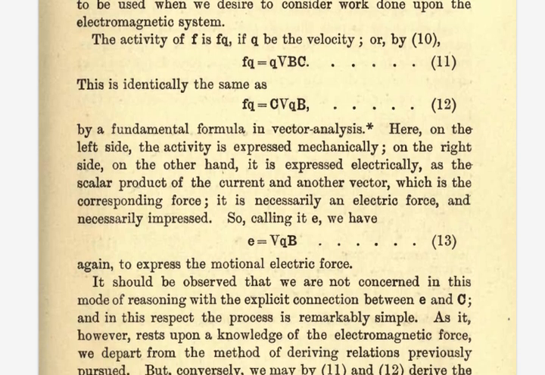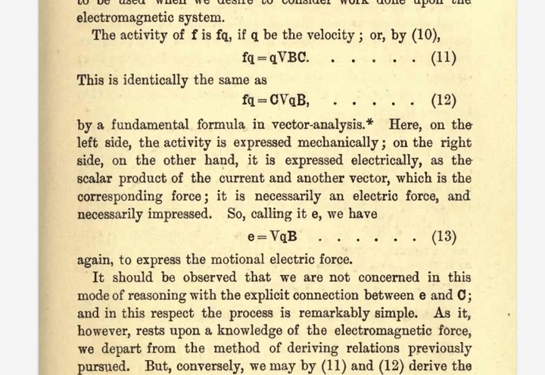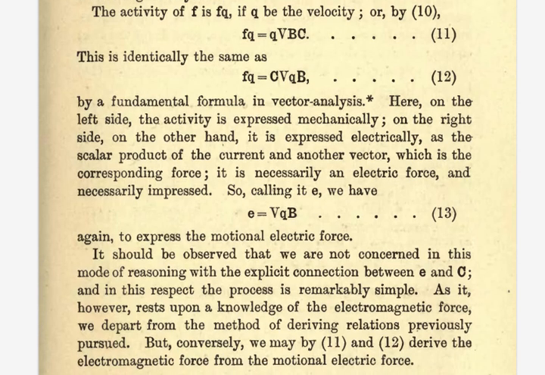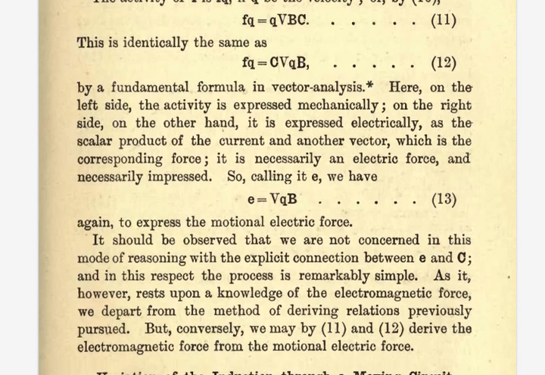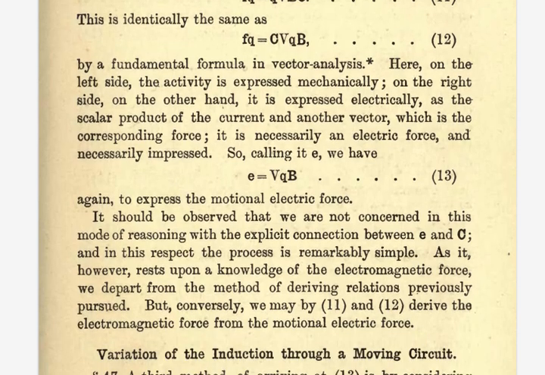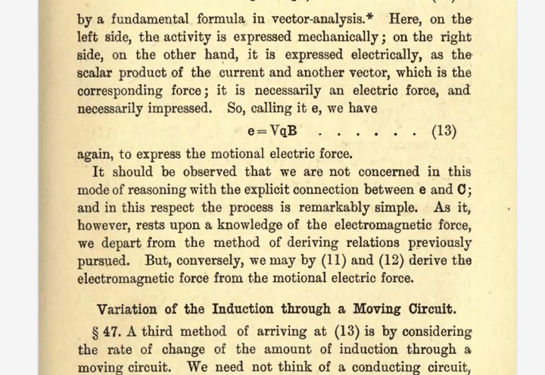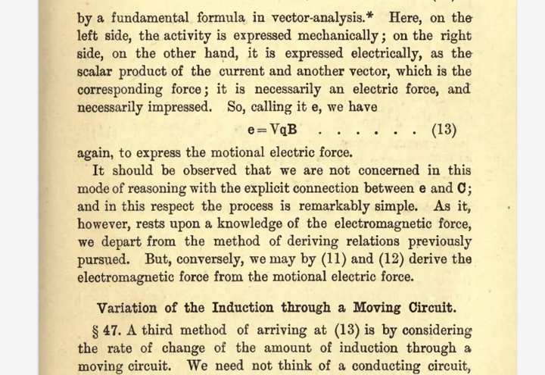By a fundamental formula in vector analysis, here, on the left side, the activity is expressed mechanically. On the right side, on the other hand, it is expressed electrically, as the scalar product of the current and another vector, which is the corresponding force. It is necessarily an electric force, and necessarily impressed. So, calling it E, we have E equals vector product qB.